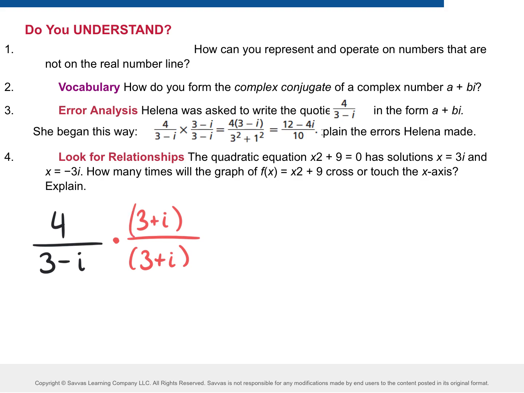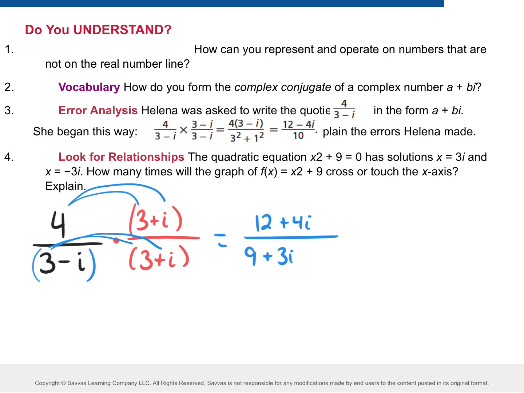So on the top, we multiply: what is 4 times 3? 12. What's 4 times i? 4i. Now on the bottom, what's 3 times 3? 9. 3 times i? 3i. This one turns to negative 3i. This one turns into minus i squared.